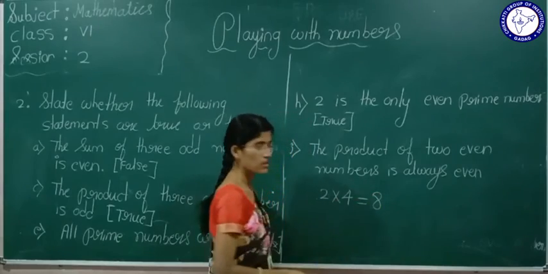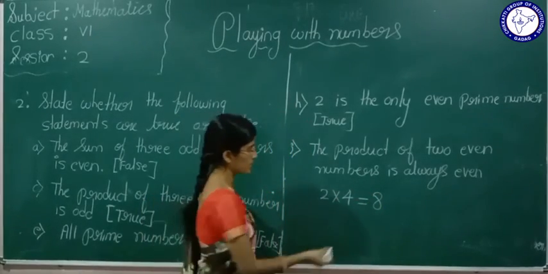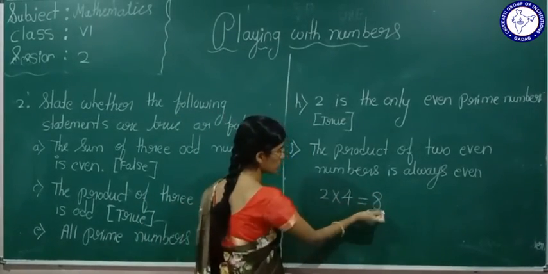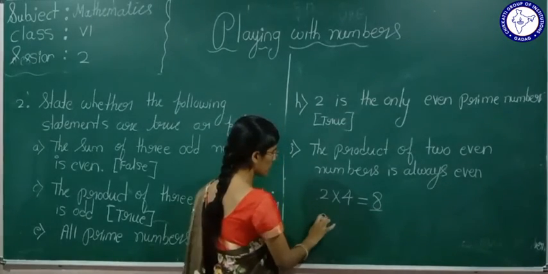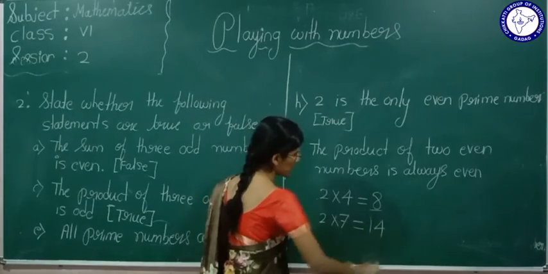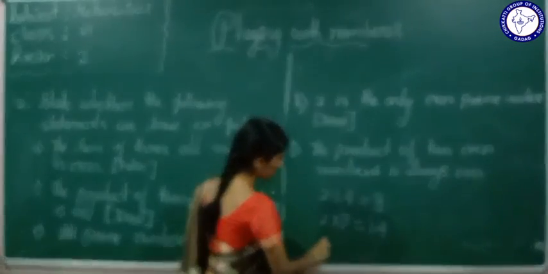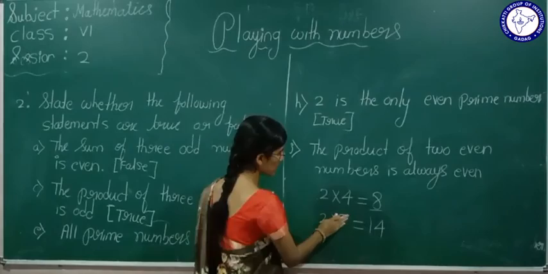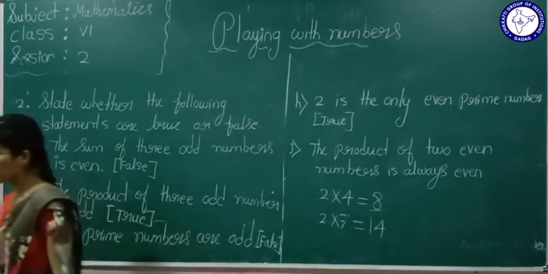8. 2 fours are 8. We are getting the answer what here? Even. Now 2 multiplied by 7: 2 sevens are 14. Okay, here it should be even numbers. You have to take two even numbers.